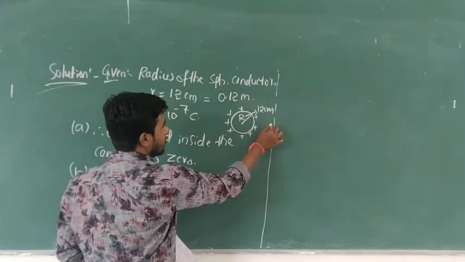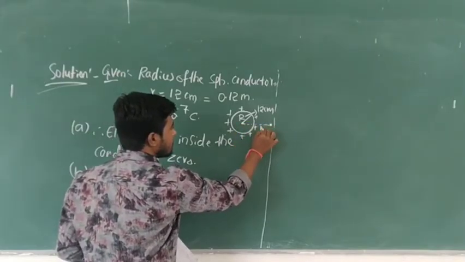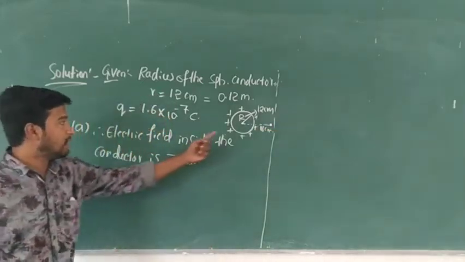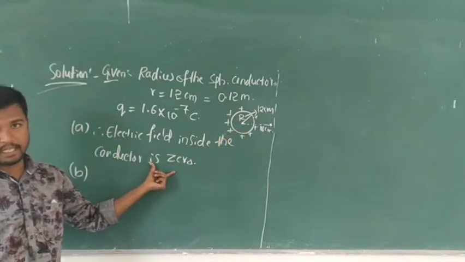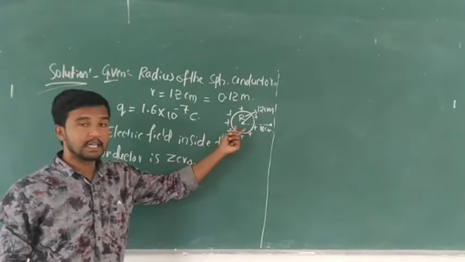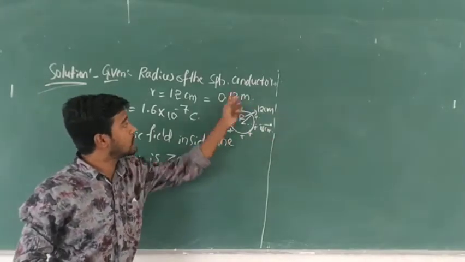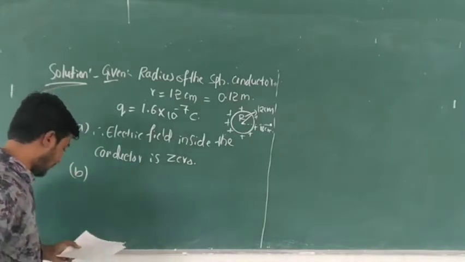There is a point 18 centimeter from the center. We already found that inside the spherical conductor the electric field is 0. Now we have to find it outside the spherical conductor.